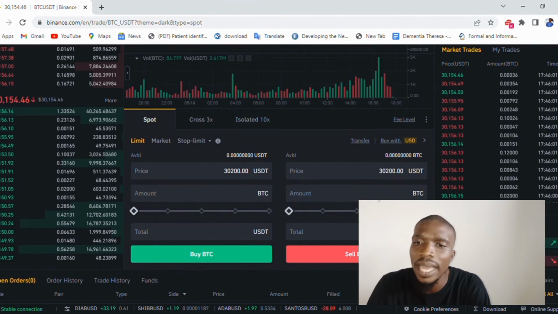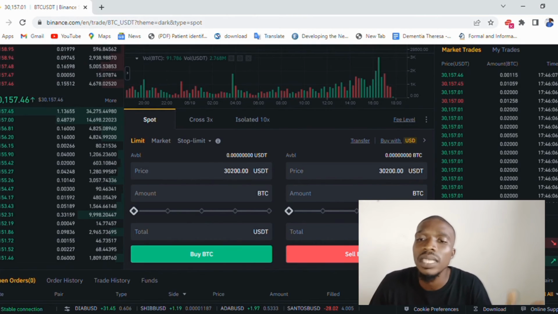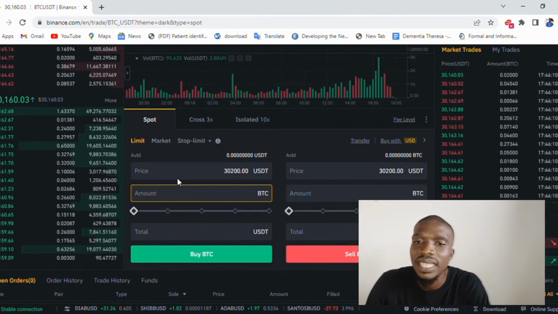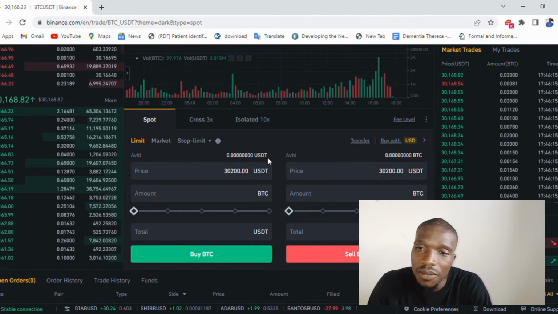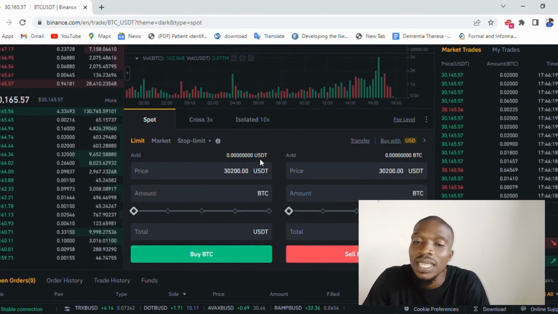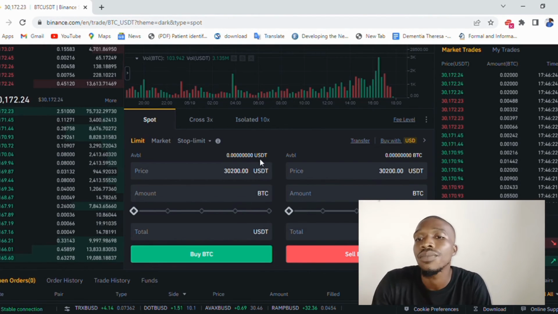Now, how do you buy and how do you basically participate in the spot market? Beautiful. I believe by now you must have purchased a certain amount of BTC that should be popping out here. For me, I have 0.00 because I have not purchased any amount of BTC. But for you, I believe you must have gotten your USDT.